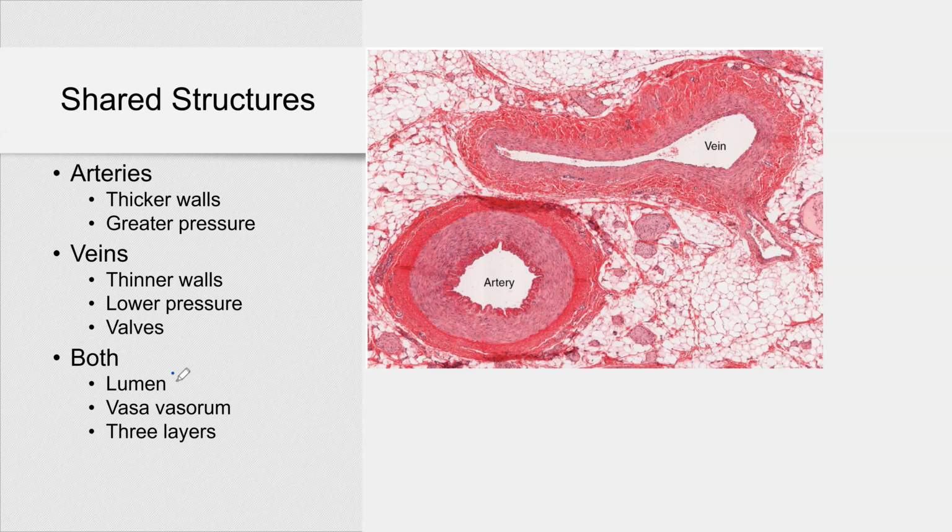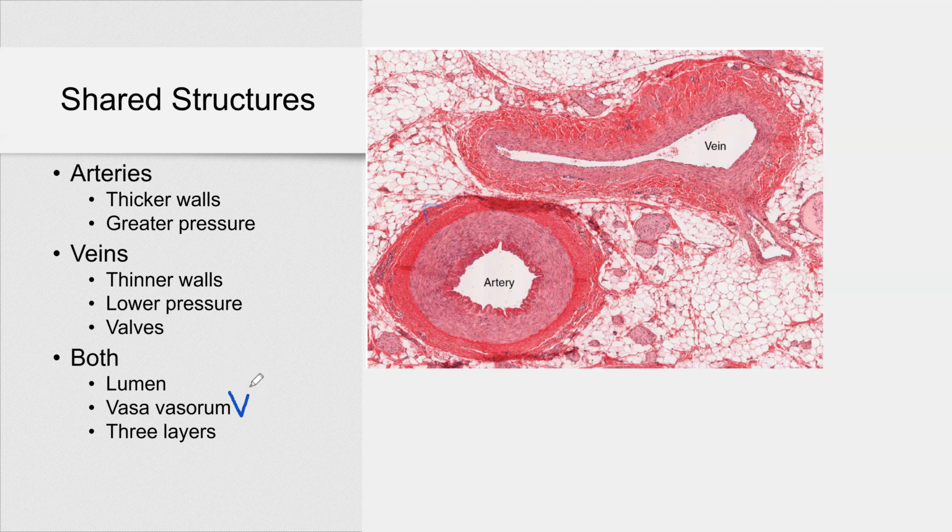Now, both of them have a lumen. This area over here, this is pretty much where blood is, right? They have 3 layers of wall that we're going to look at on the next slide.